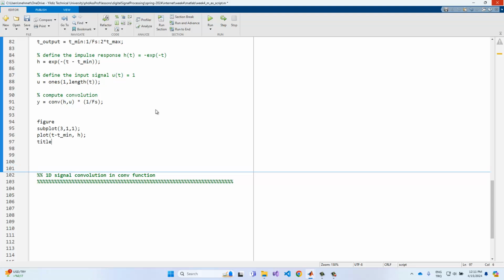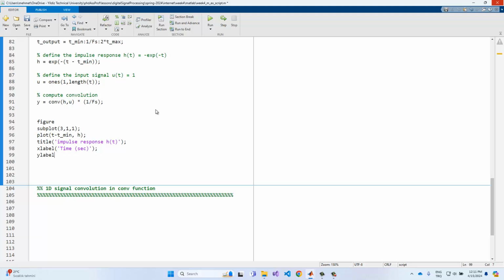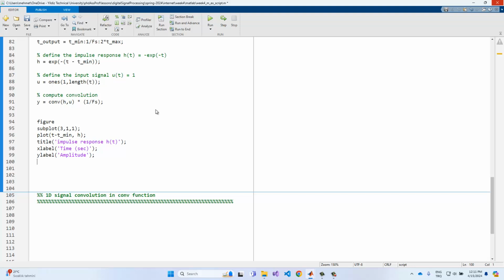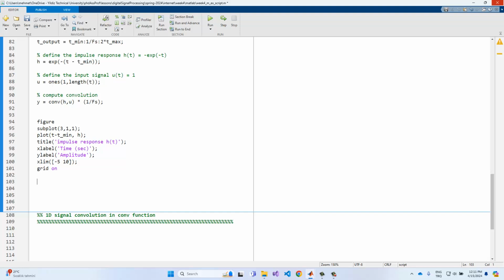Okay, so the title impulse response h(t). Also x label time sec, and y label amplitude. Okay, and x lim should be given as minus 5 to 10. This is the time section, and grid on should be given in here.